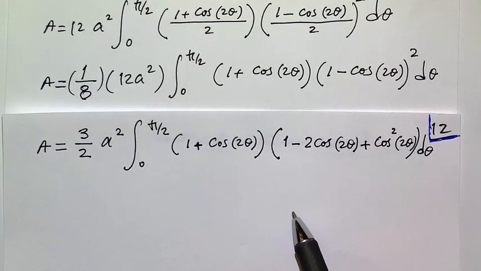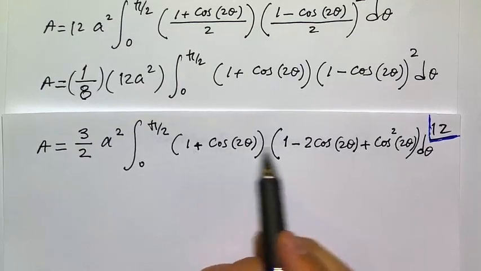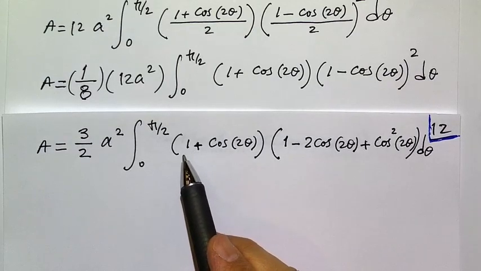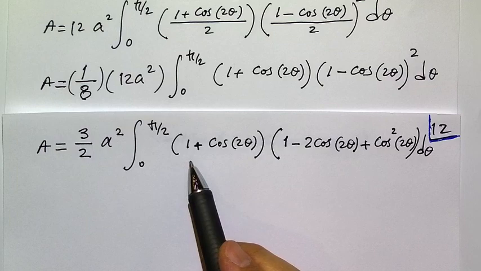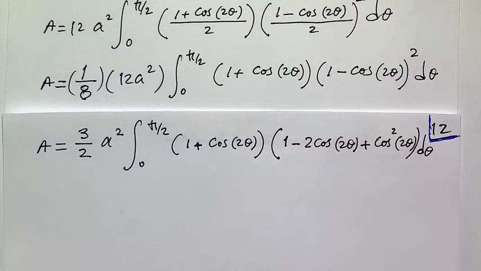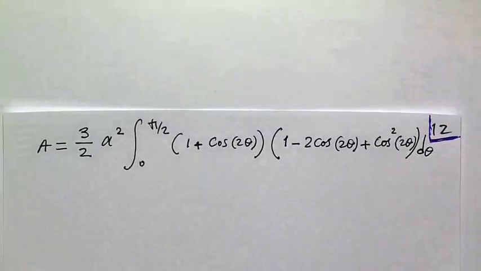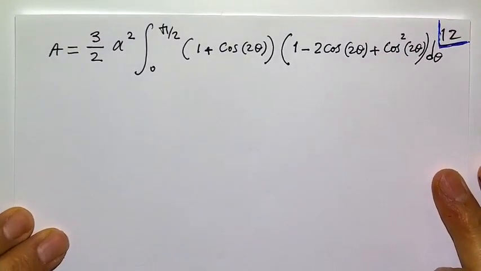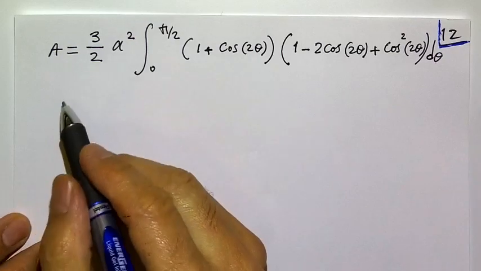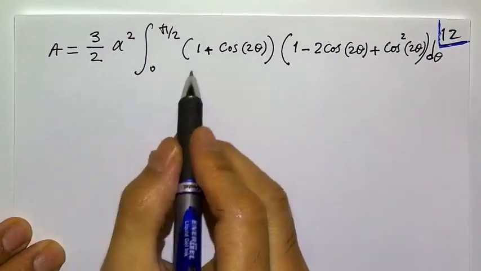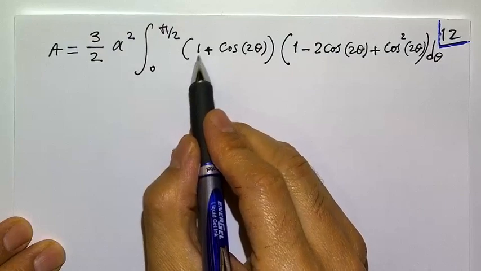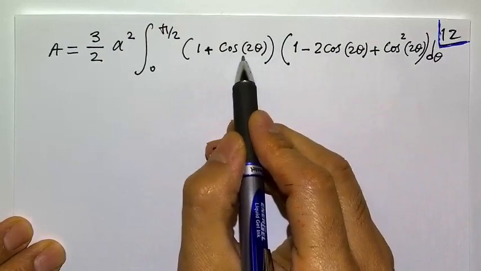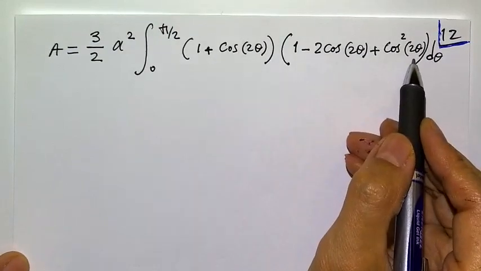So now let's see, we should distribute all of this, right? Let's do it term by term. We don't need that page anymore. So let us distribute. We're going to distribute this 1 into this, and then cosine 2 theta into all three terms.